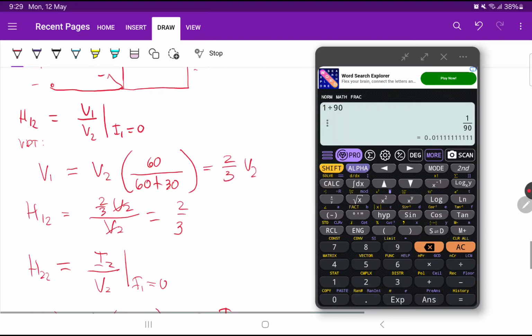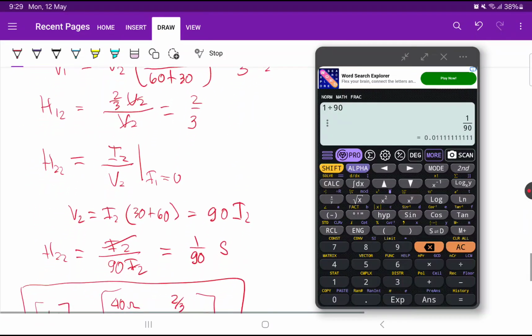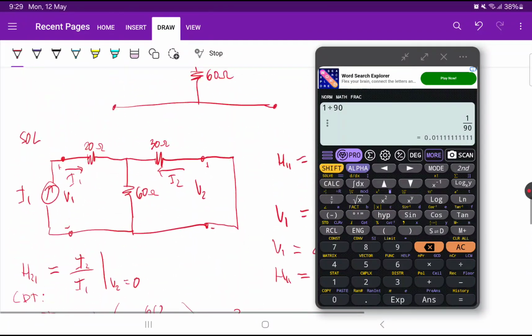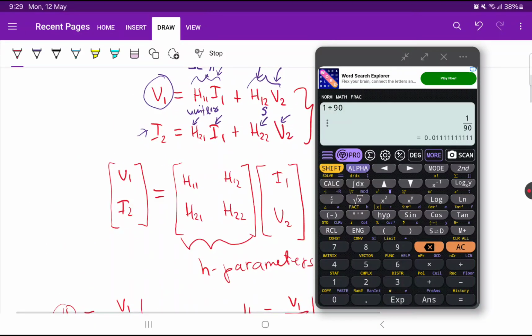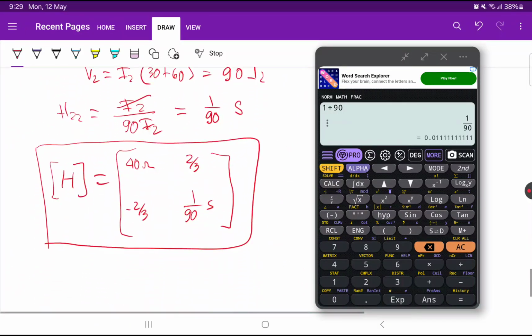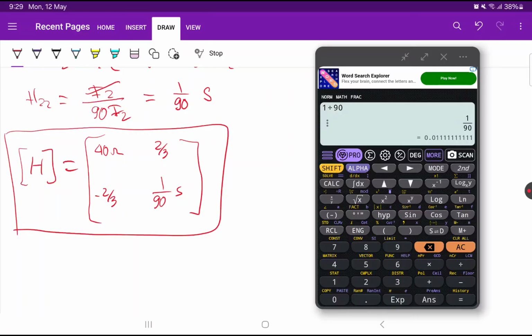Let me check it again. H12 is 2/3. It's correct. So therefore, this is our final answer. These are the H parameters for that T network.